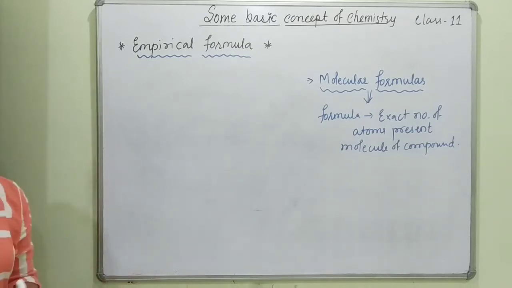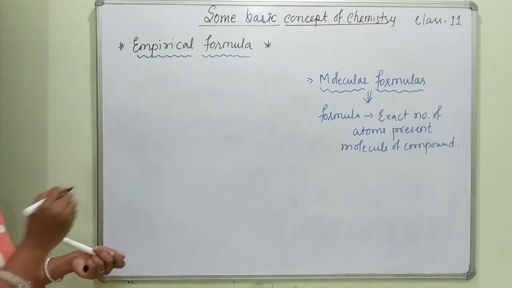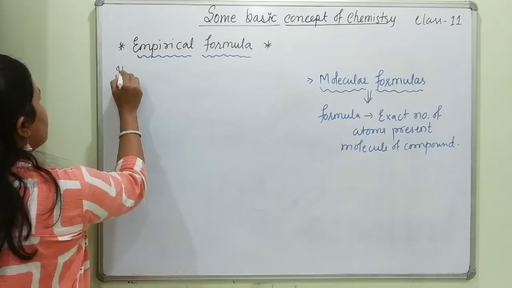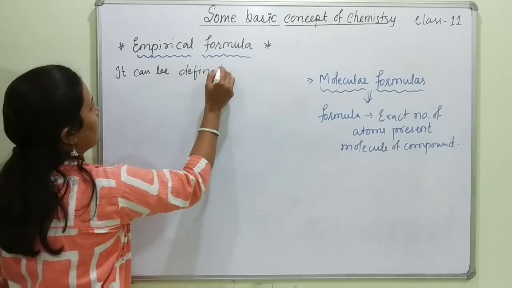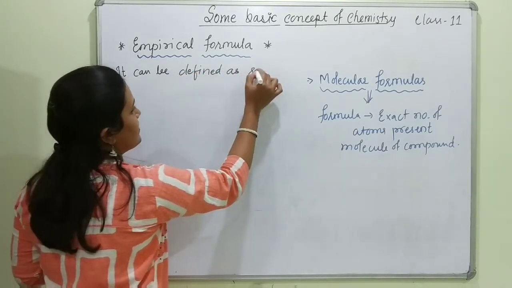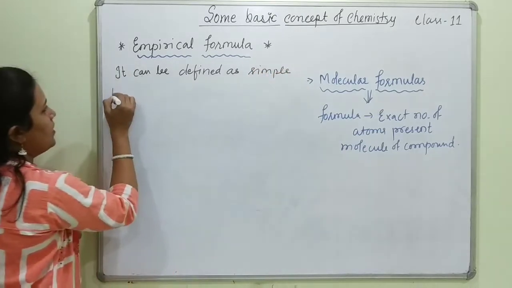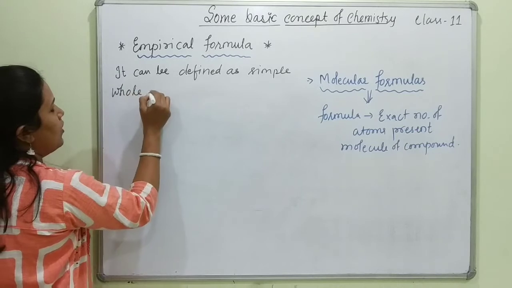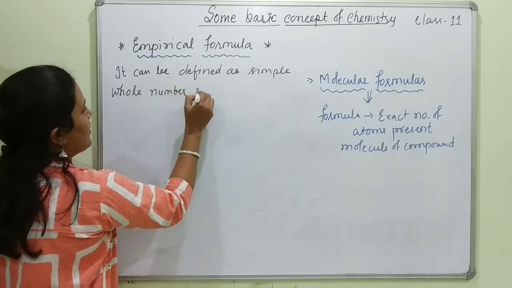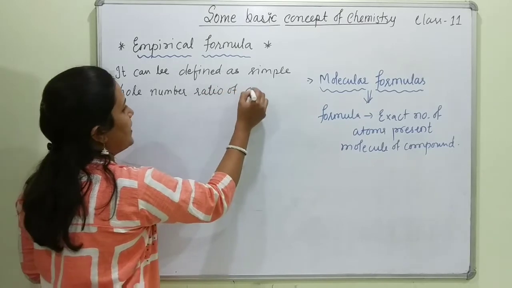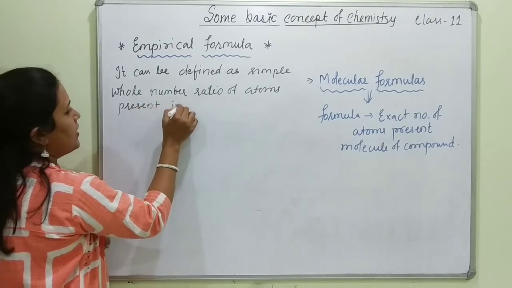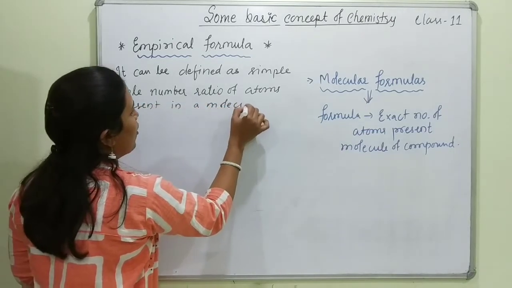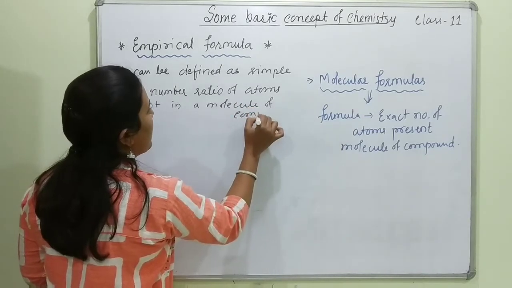Now let's see what we mean by empirical formula. Empirical formula can be defined as the simple whole number ratio of atoms present in a molecule of a compound.